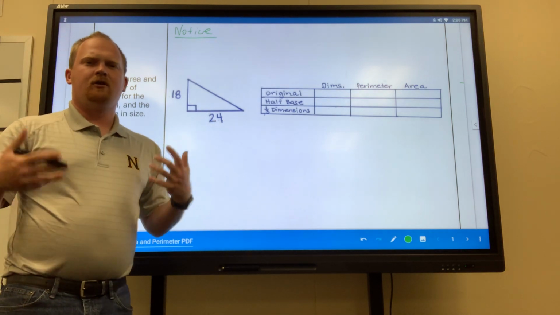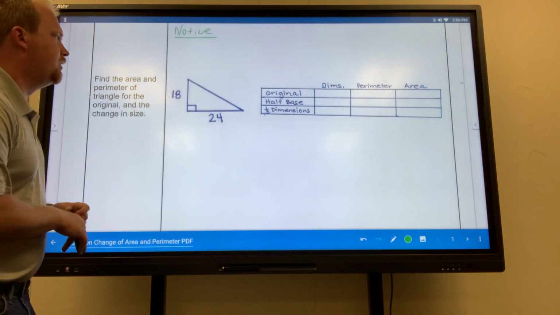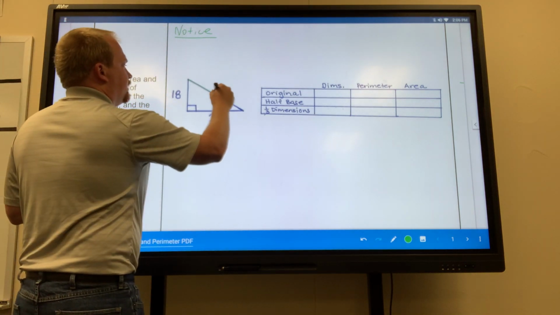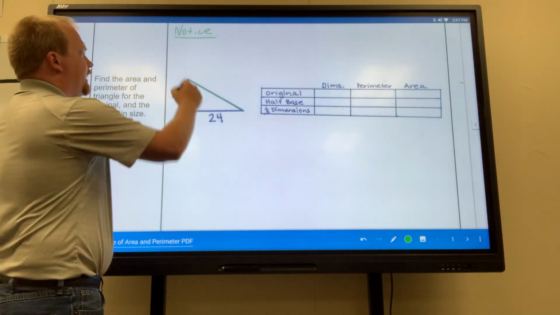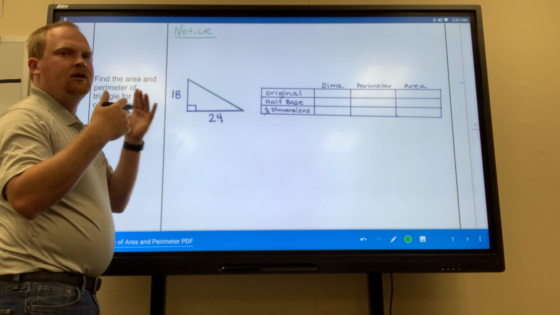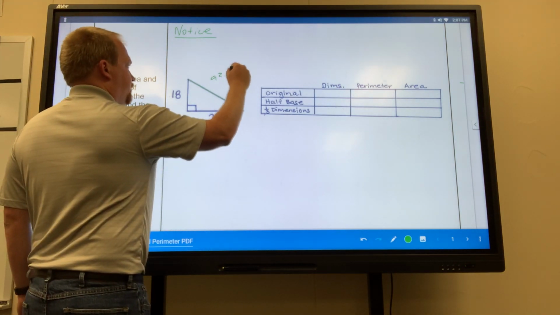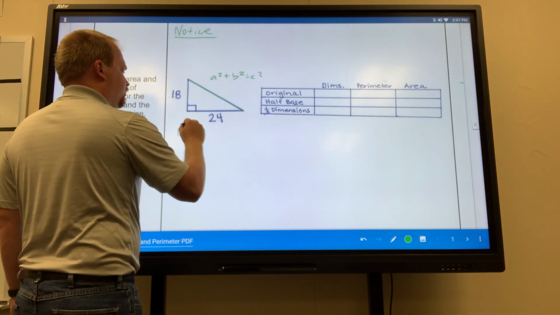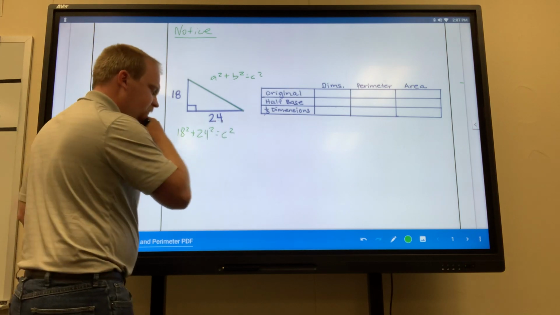Let's use triangles for example and see what we can come up with. So the original, well, remember, I gotta be able to find this length here, because even if I want to find the perimeter of a triangle, I don't know what this length is. But guess what? I can use the Pythagorean theorem. So 18 squared plus 24 squared equals c squared.